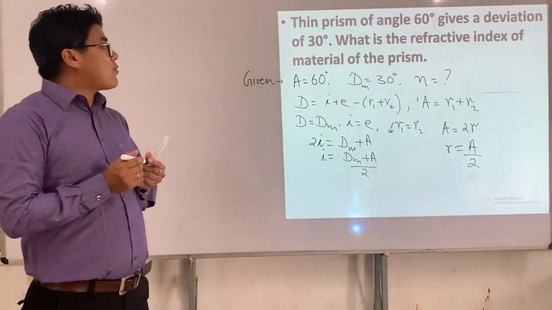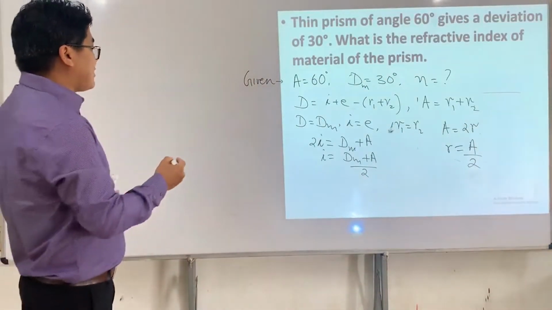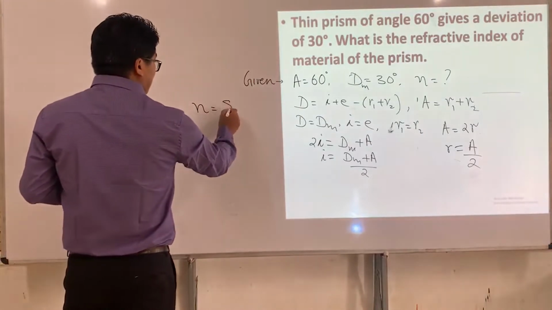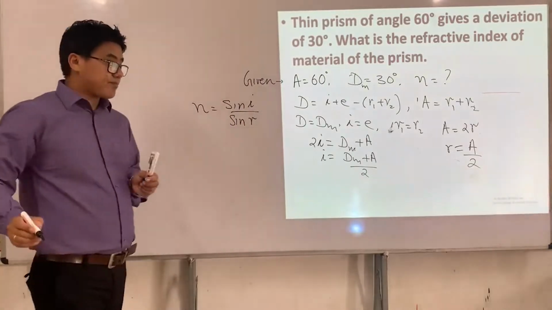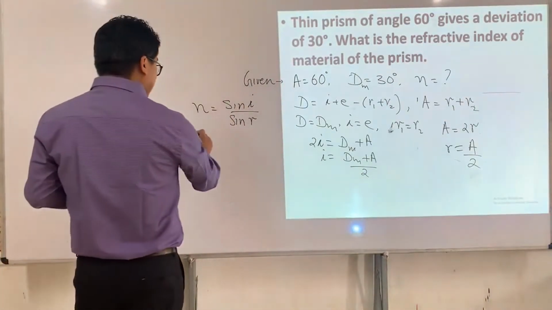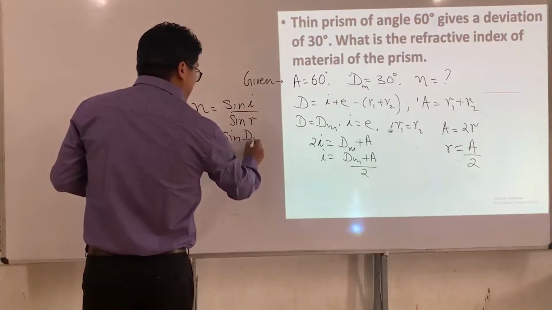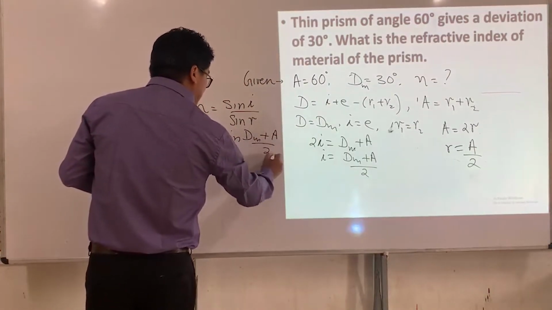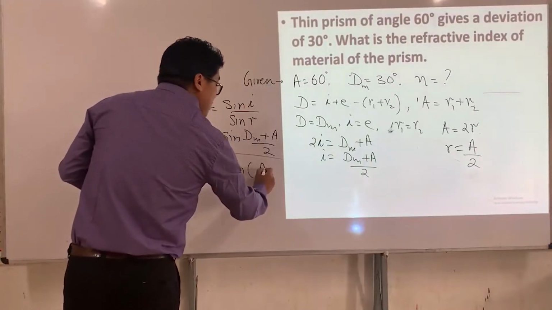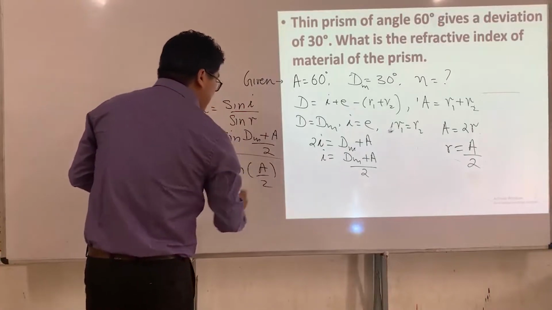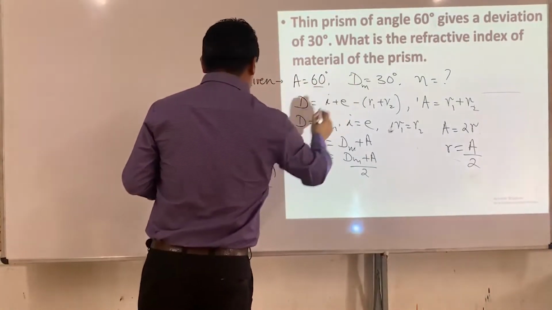Then again I told you that we have to put in Snell's law to derive the refractive index. So what is the refractive index? Refractive index is equal to sine I divided by sine R. Sine I is equal to sine of Dm plus A divided by 2. Sine R is equal to sine of A divided by 2. Alright, so what is given? This is A, this is Dm.